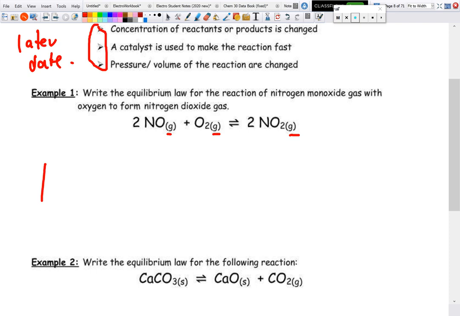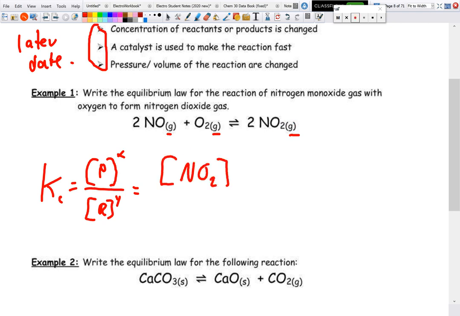So you have to remember, the equilibrium law is equal to the concentration of the products raised to a power over the concentration of the reactants raised to another power. Our product is NO2, so if we knew the concentration of NO2 gas, that is going to be in our numerator, and the molar coefficient goes up on top.